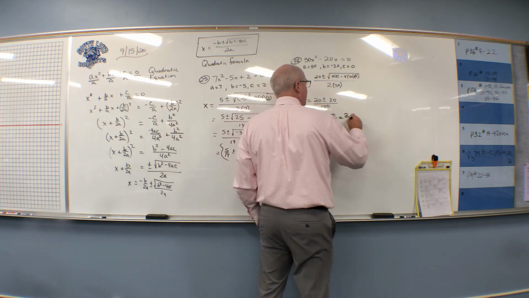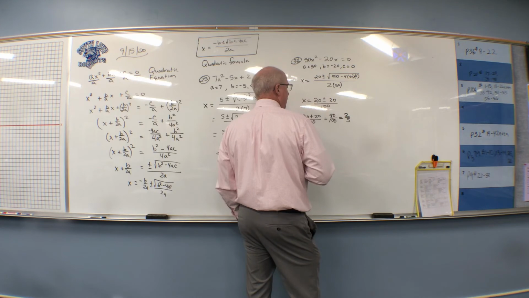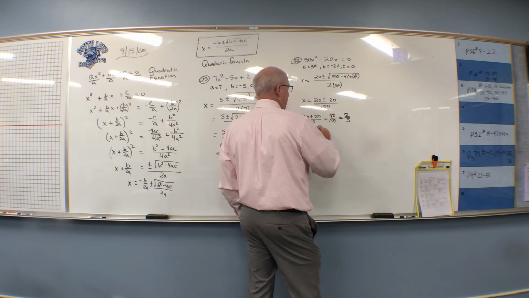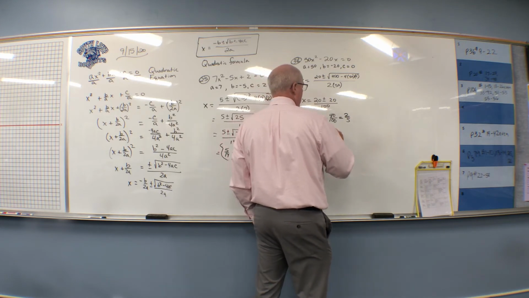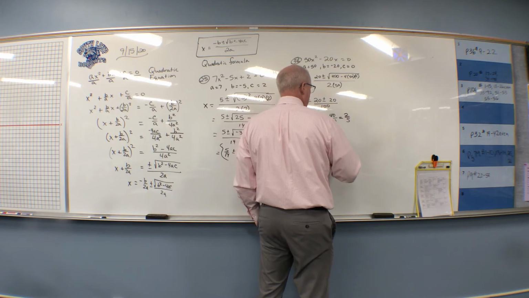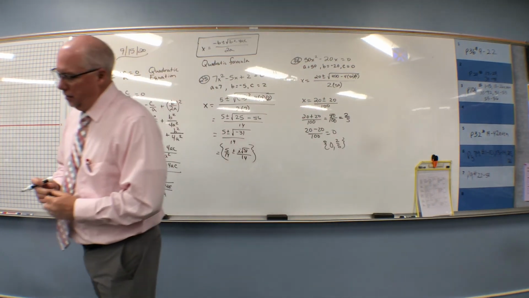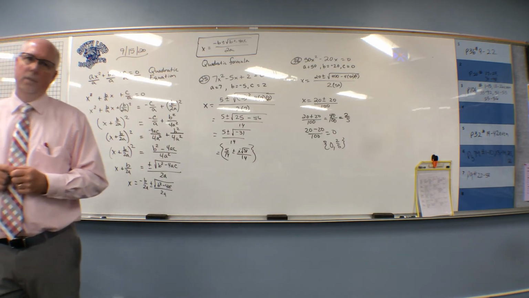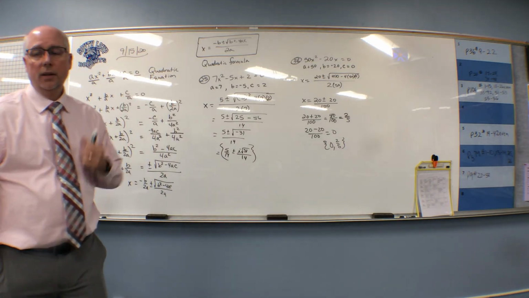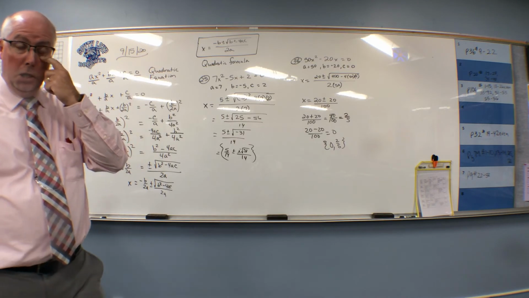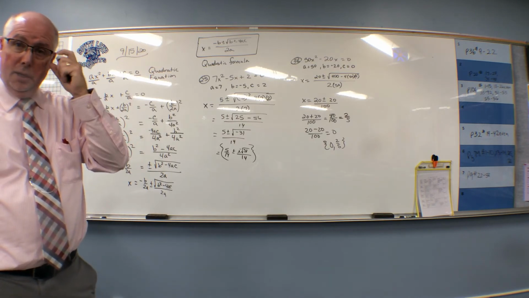That'd be 4/10, which I believe is 2/5, correct? And then you have 20 minus 20 over 100, which is 0. So my two answers are 0 and 2/5. Even though it's not as quick as factoring in this case, it still works. The quadratic formula and completing the square work on all equations.